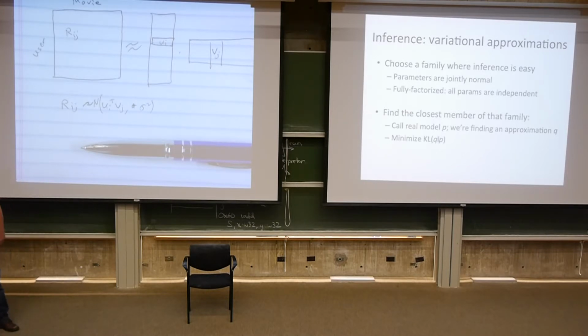So we choose some family of distributions that we know how to do inference on. A lot of times that'll be a multivariate normal distribution, or it could be something where we assume that all of the variables are independent.